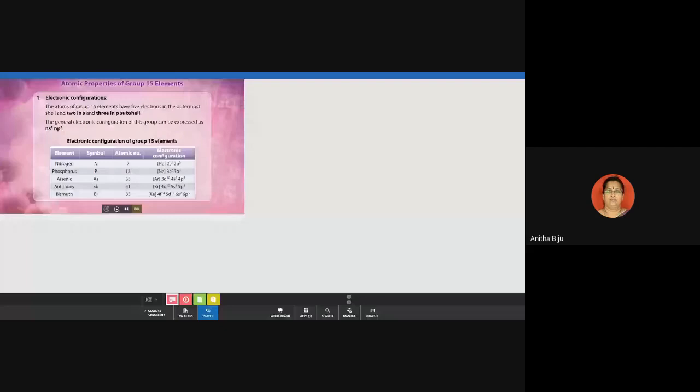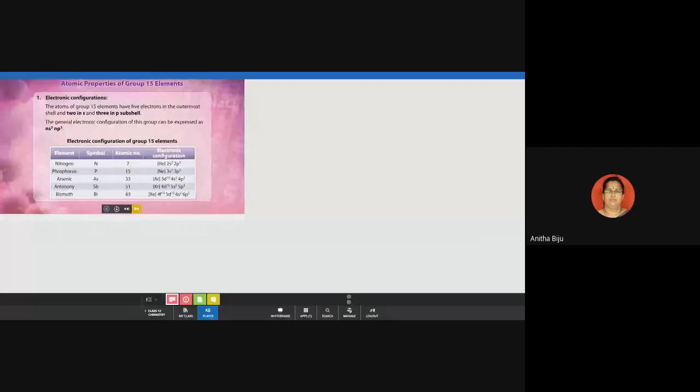All these 5 electrons are present in the outermost shell. Out of the 5, 2 electrons are present in s, which is completely filled, and 3 electrons are in the p subshell, which is half filled. Because of this, it has extra stability. So this is very important.